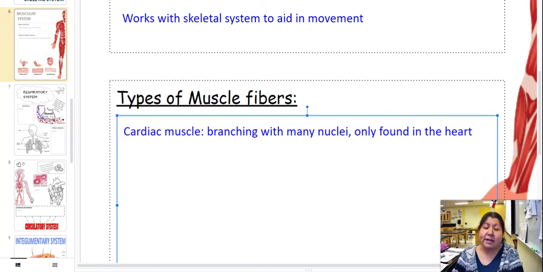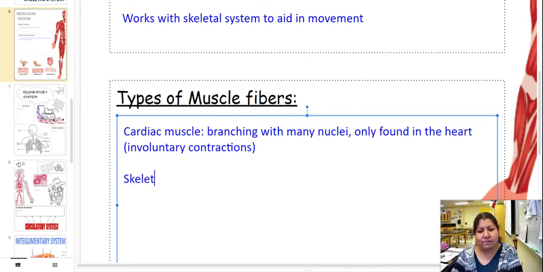So one of the things about cardiac muscle, we cannot control the contractions of the cardiac muscle. It's going to happen regardless. And so we call this involuntary contractions, okay, because we cannot control it.